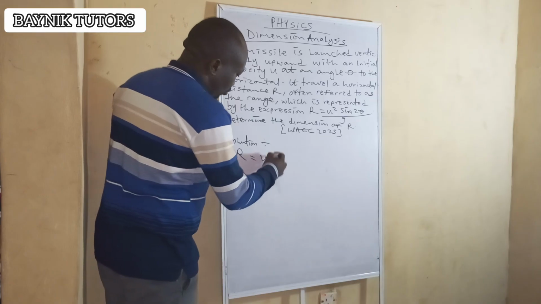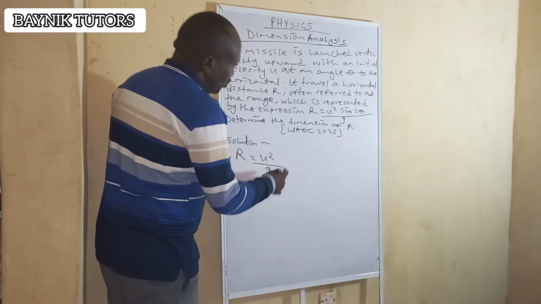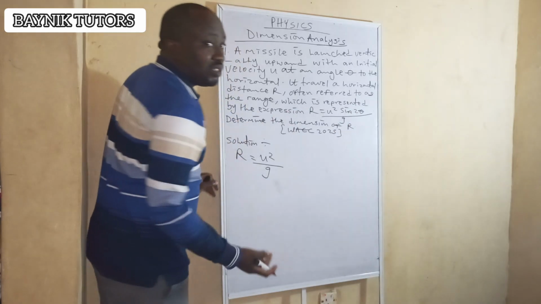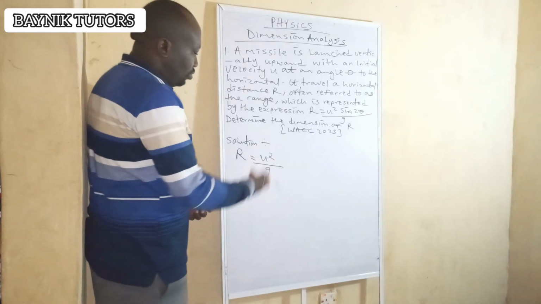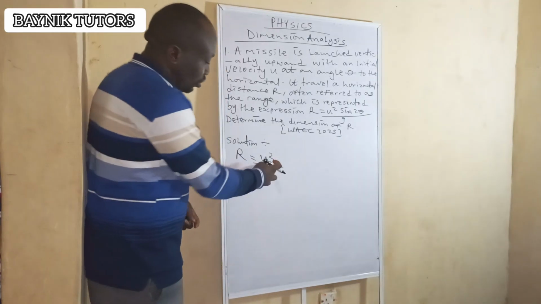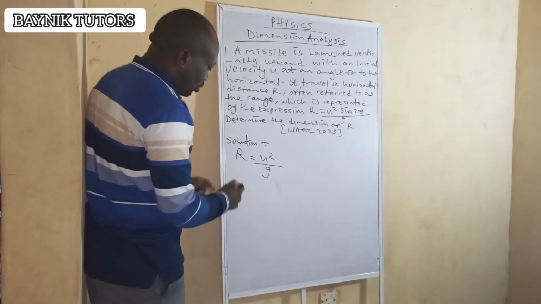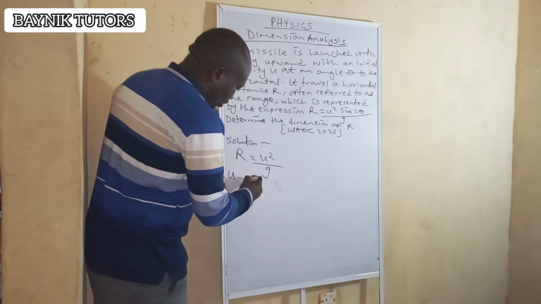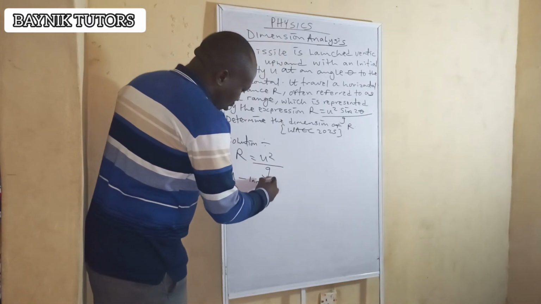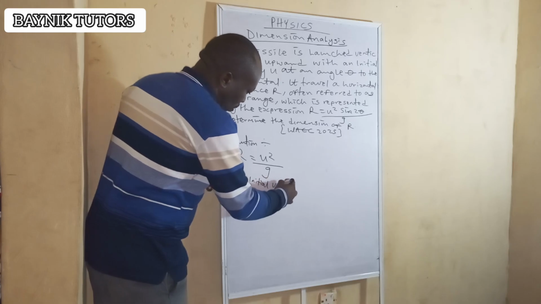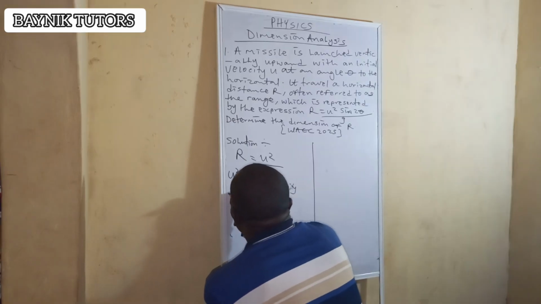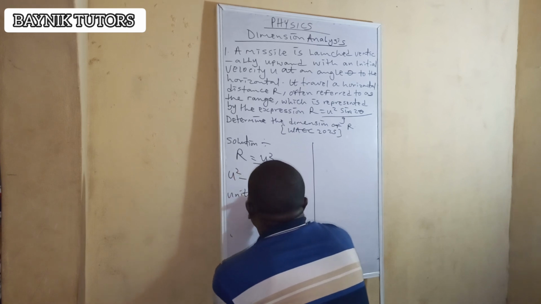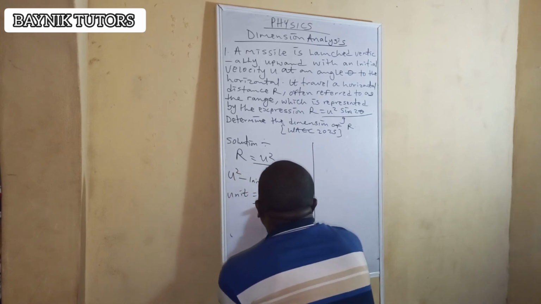It is equal to u squared over g. So we are not going to consider the sine 2 theta since it is dimensionless. Angle is dimensionless. So we have to identify the quantity of u and the quantity of g. u is initial velocity, so the unit is m squared over s squared.